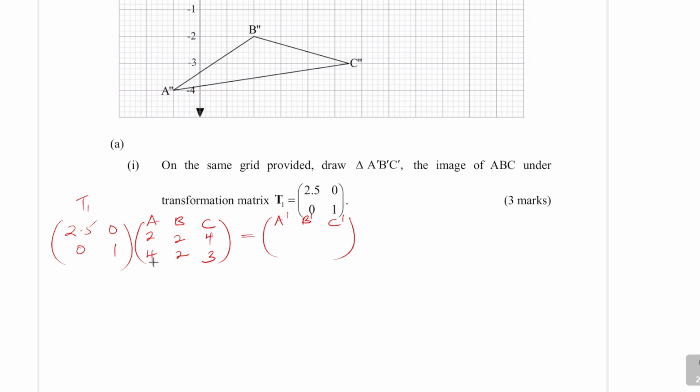So row 1, column 1. We have 2.5 times 2. Let me expand these so that you can see the workings clearly. We multiply this row by this column first. So 2.5 times 2, plus 0 times 4.